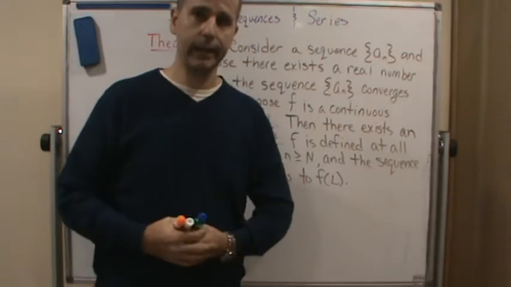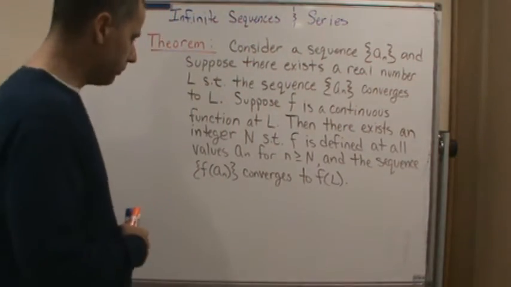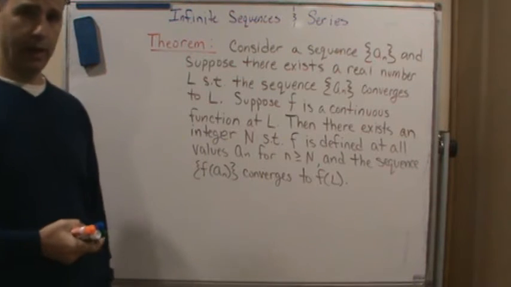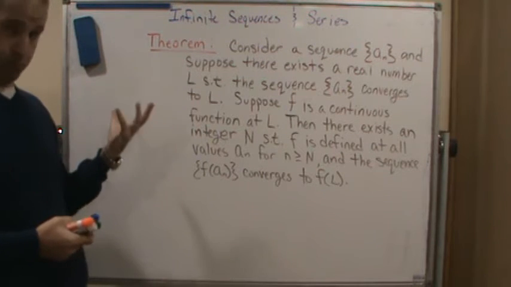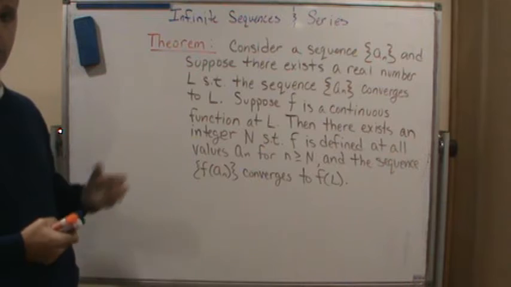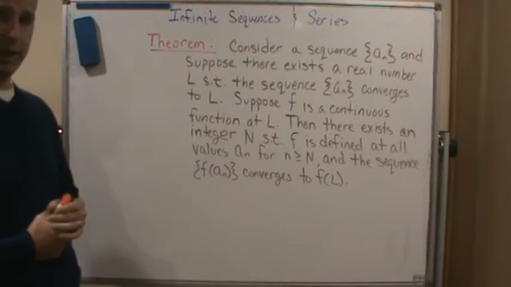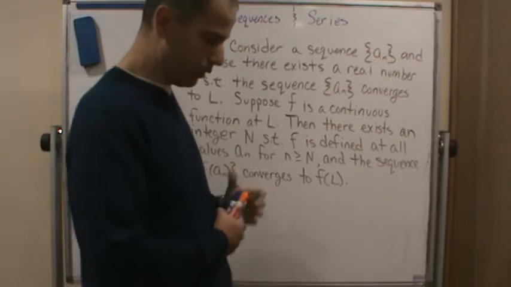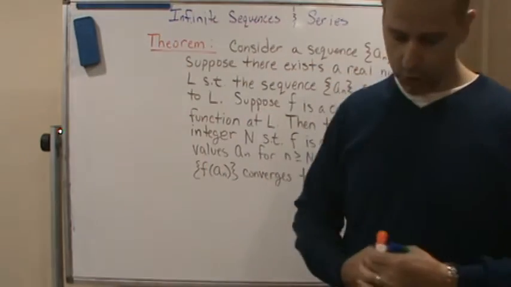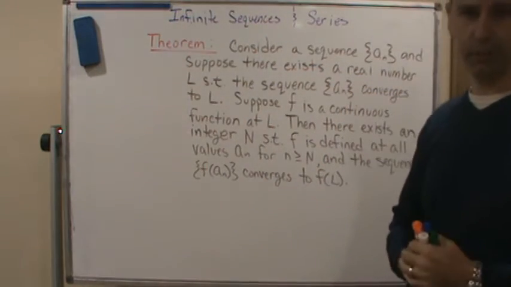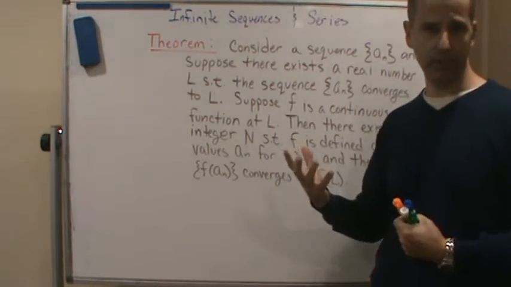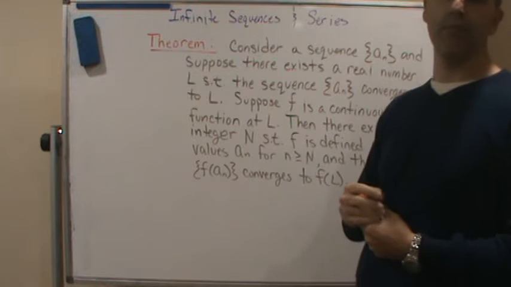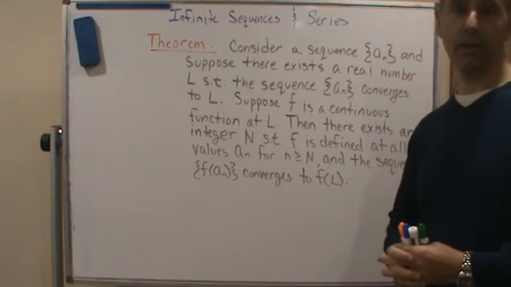Okay, so welcome back. Now, in this video, here's the theorem. That's basically the result of what we were talking about in the last video about having a sequence that converges to a particular limit, a particular number, and having a function that is also continuous at that limit.